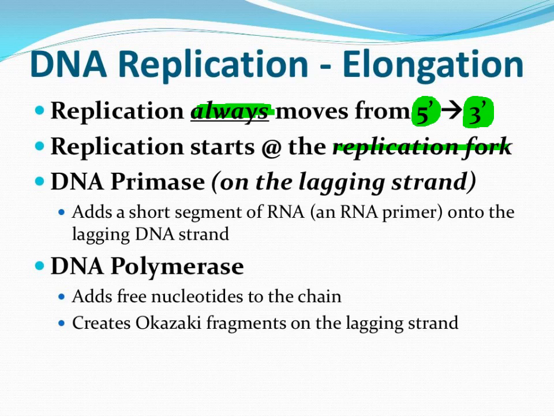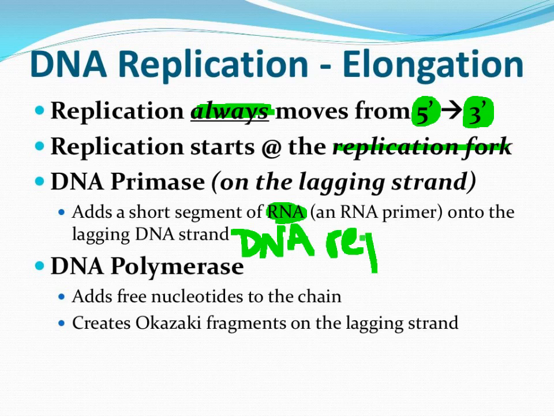So something called DNA primase. So a primer, if you put on like a paint primer, it's first. So think about primase goes first on the lagging strand. It adds a short segment of RNA, which is an RNA primer, onto the lagging DNA strand. Then, I know this is confusing because this is RNA, but from there, the DNA will replicate.